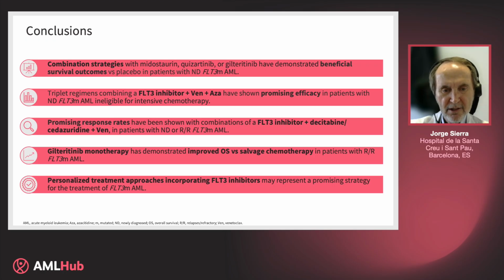Promising response rates also with the FLT3 inhibitor, cytarabine, cedazuridine, and venetoclax, with the advantage of the oral route in patients with newly diagnosed or relapsed refractory AML. Gilteritinib monotherapy improved overall survival versus salvage chemotherapy in patients with relapsed refractory AML, and personalized treatment approaches incorporating FLT3 inhibitors may represent a promising strategy for the treatment of FLT3 mutated AML.